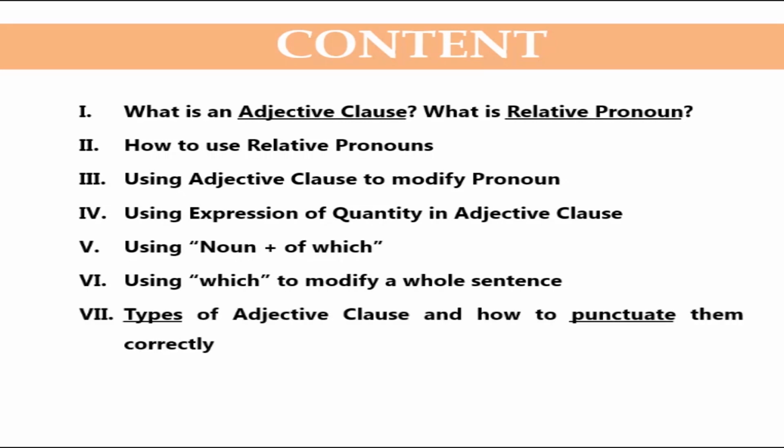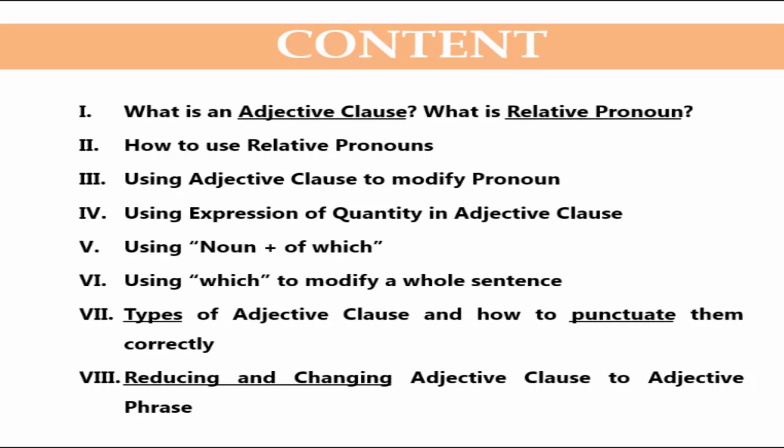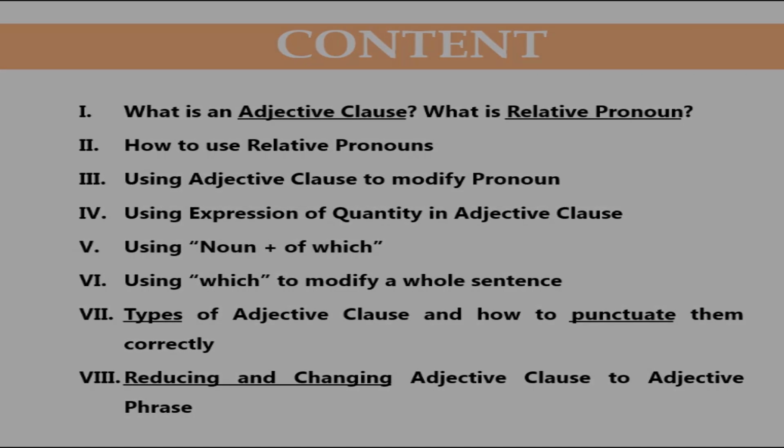For the seventh point, we are going to study in detail about the types of adjective clause and how to punctuate them correctly. This part is very important because it will help you a lot. And then the last point of our content is to study about how to reduce and change adjective clause to adjective phrase. Okay, let's move on and study our first lesson, which is about what is an adjective clause.